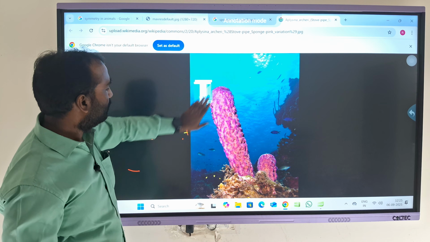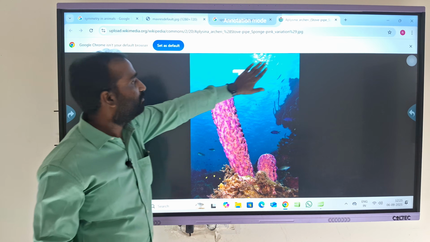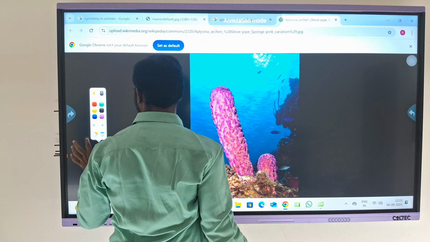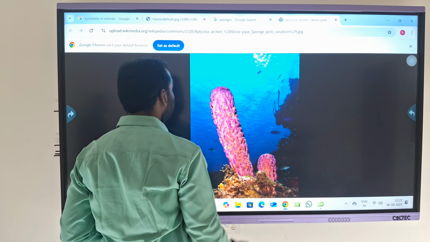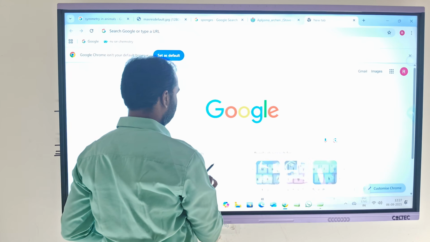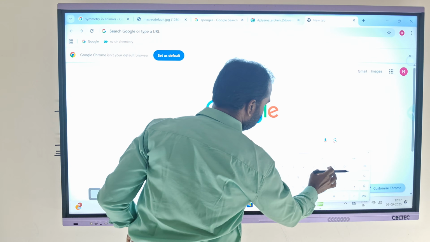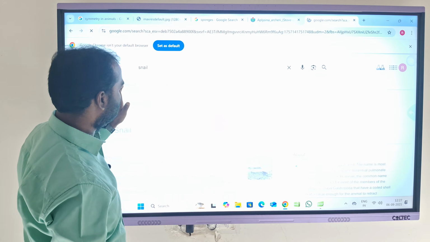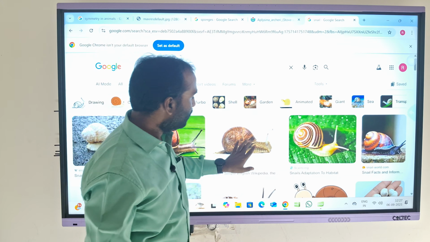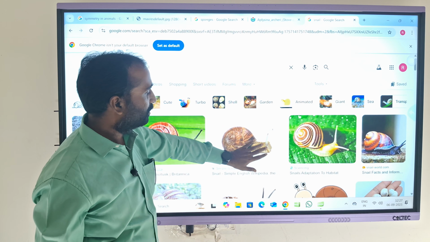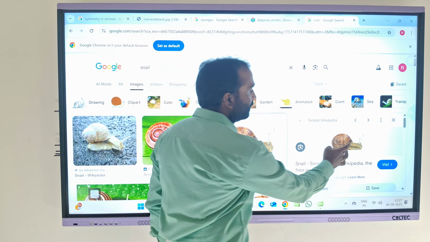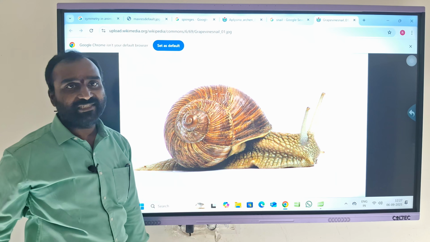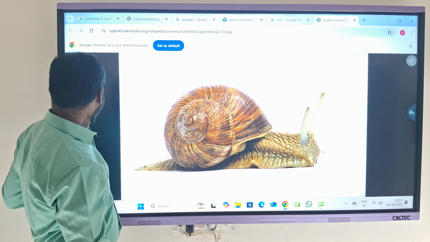The snail is the best example exhibiting two kinds of symmetries. It is an example of an organism which is not having symmetry in the adult. If you observe here, the snail belongs to phylum Mollusca. Okay now.